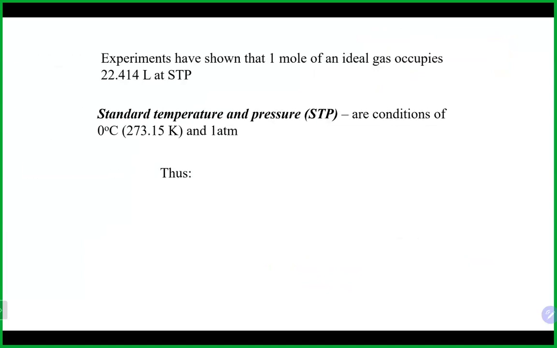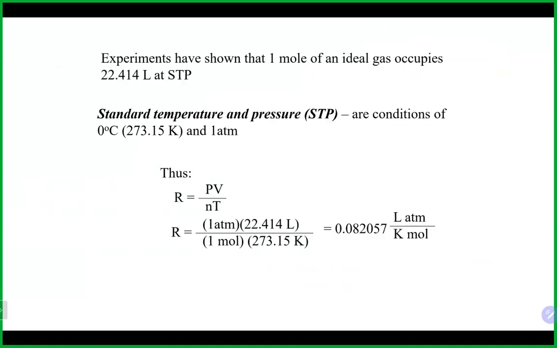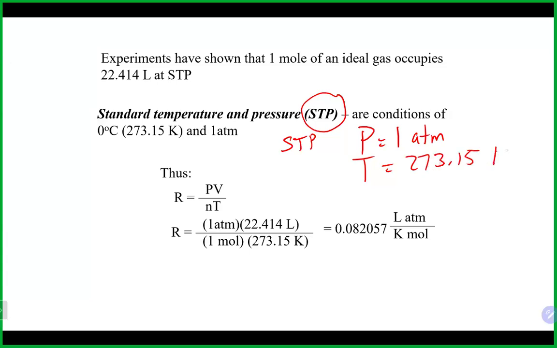Now, a couple other important things with the ideal gas law. One thing is STP. STP stands for standard temperature and pressure. And when they say you want the value at STP, they are actually giving you two values. The pressure at STP is 1 atmosphere, or its equivalent, and the temperature at STP is 273.15 Kelvin.